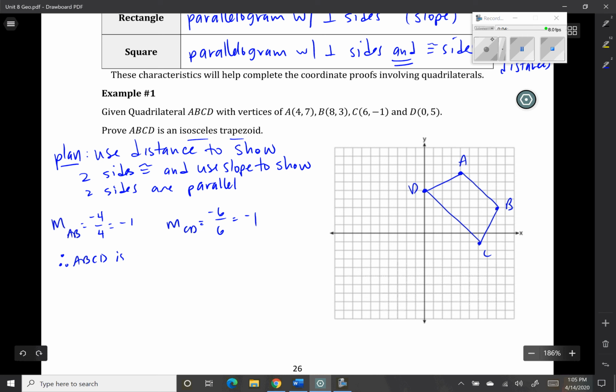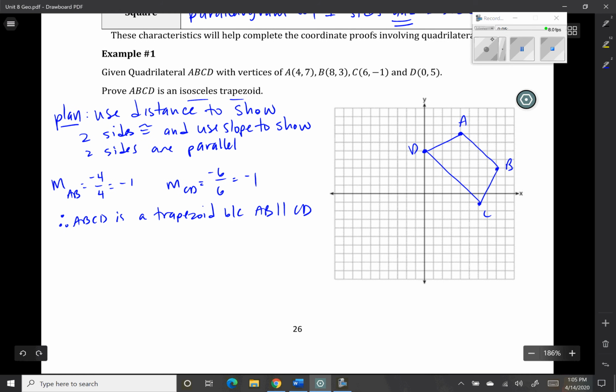Just by showing that, I can say, therefore, ABCD is a trapezoid because AB is parallel to CD. Now, to show this is an isosceles trapezoid, I have to show that the distance of AD is equal to the distance of BC. So it's just the distance formula twice.